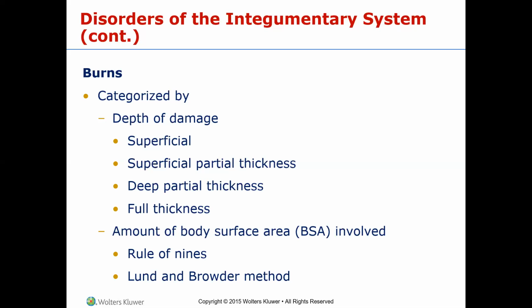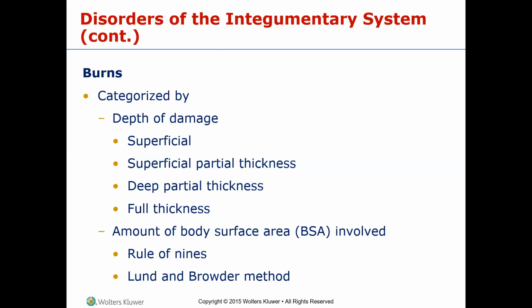So they all will add up to 9%, or a 9% totality. There is another way to determine the amount of body surface area that's involved in a burn, and rather than assigning some percentages that are multiples of 9, they use the Lund-Browder method that divides the body into small areas and estimates the proportions.